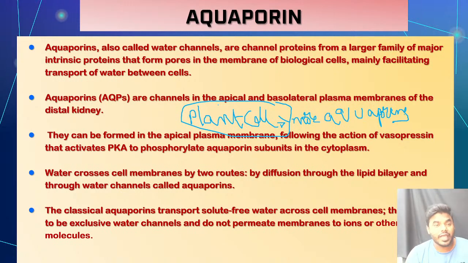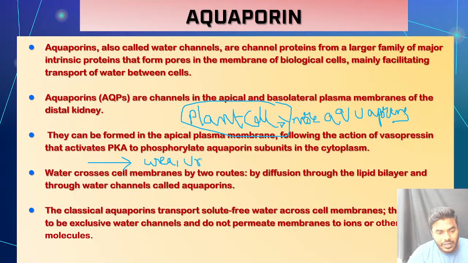Please listen carefully: aquaporins are not only involved in the transport of water, they are also involved in the transport of several uncharged molecules like urea, uric acid, carbon dioxide, and ammonia.